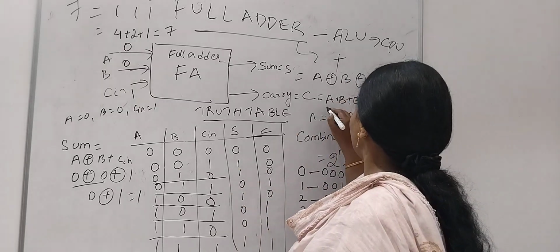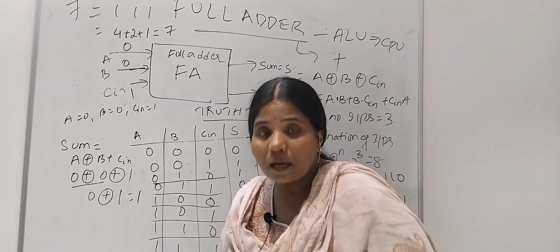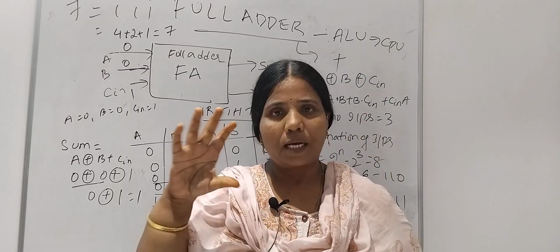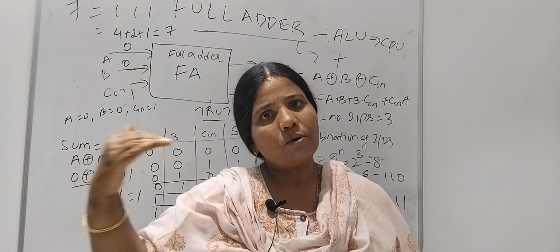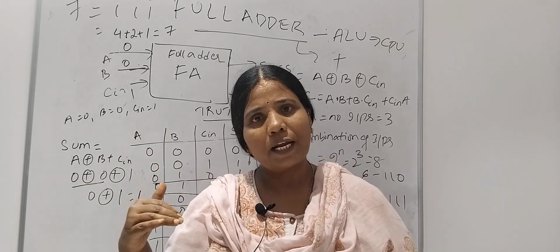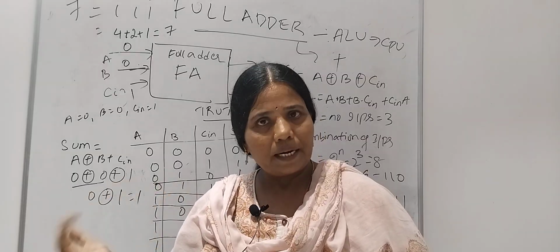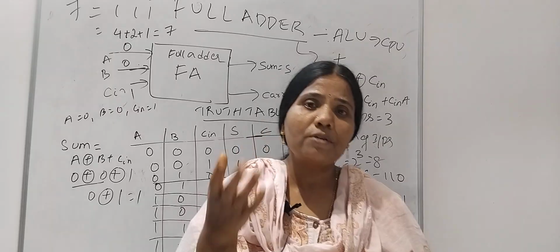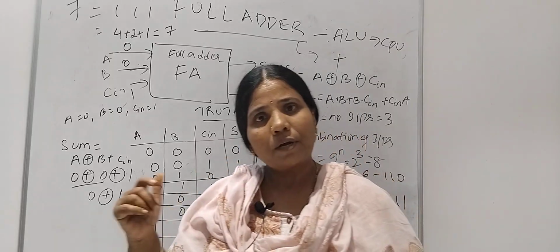Similarly using this expression you can get your carry output, or blindly remember that if all the inputs are zeros, sum will be 0, carry will be 0. Among the 3 inputs, if one input is 1, sum will be 1, carry will be 0. If 2 inputs are 1, sum will be 0, carry will be 1.